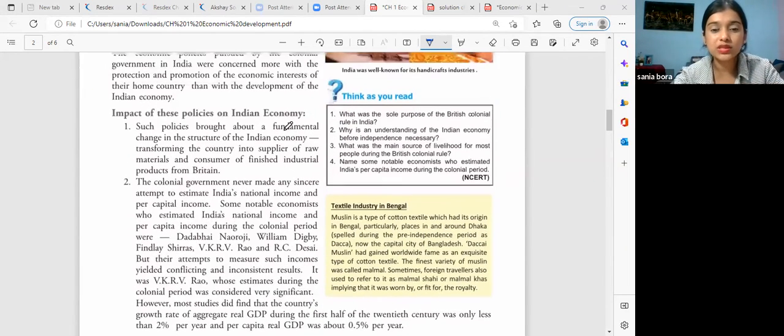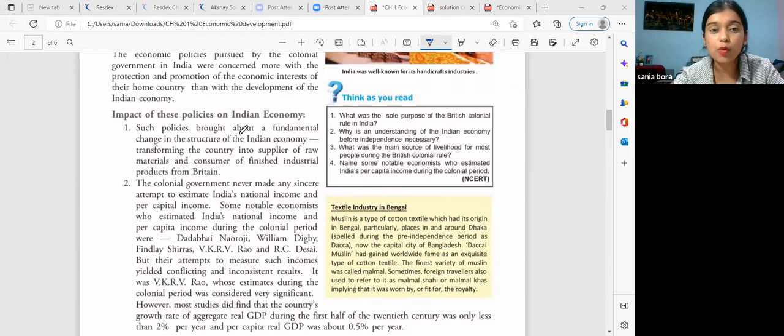Okay, so what was the impact? First, such policy brought about a fundamental change in the structure of the Indian economy, transforming the country into a supplier of raw material and a consumer of finished industrial goods from Britain. Earlier, India was a healthy country supplying handicrafts and all that. But now the position was changed.